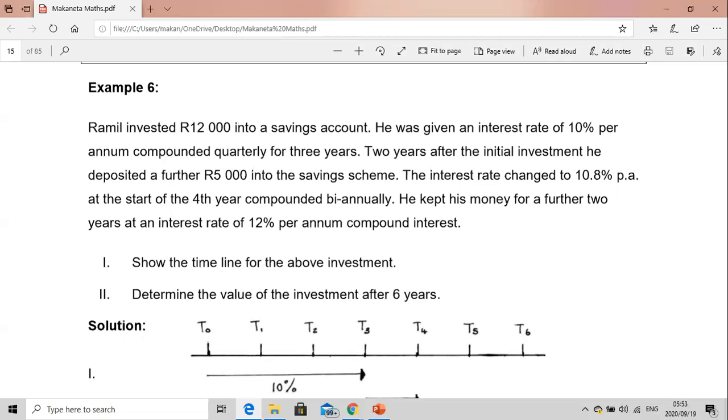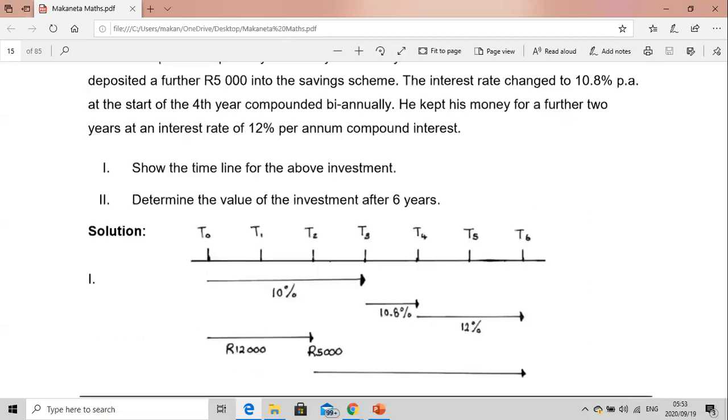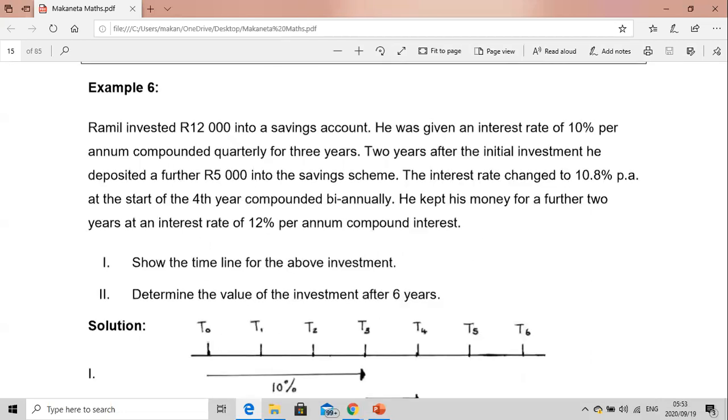And then basically, we look at the investment which has grown, and we look at the different percentages there. The first 3 terms there, remember we said initially, when we started, it is compounded quarterly for 3 years.